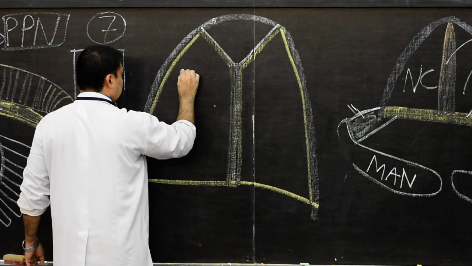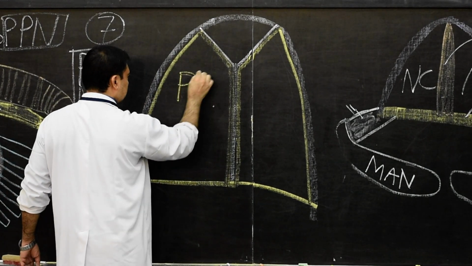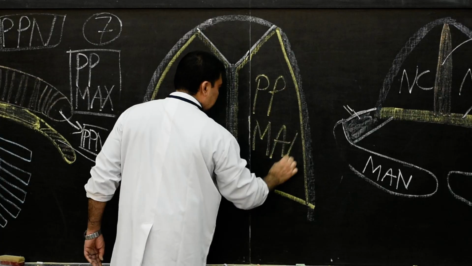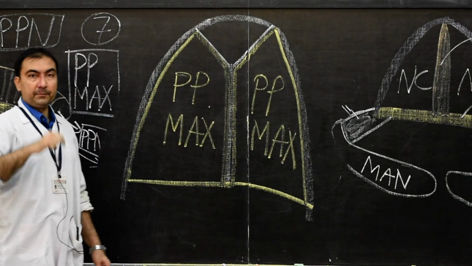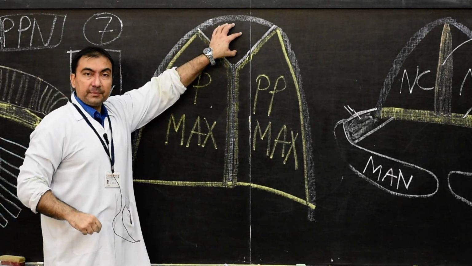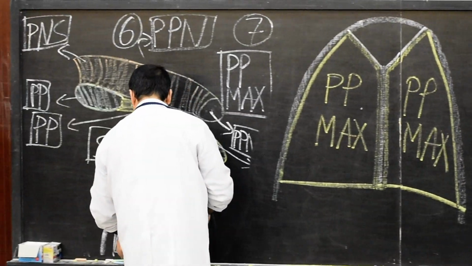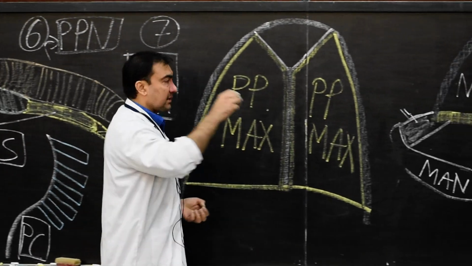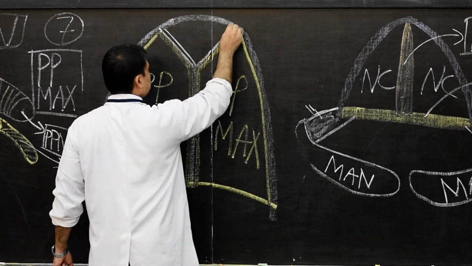Here, three-fourths of the hard palate. What is this triangular piece of bone which is lying anteriorly? Here I will put green color. Please note down, please draw.